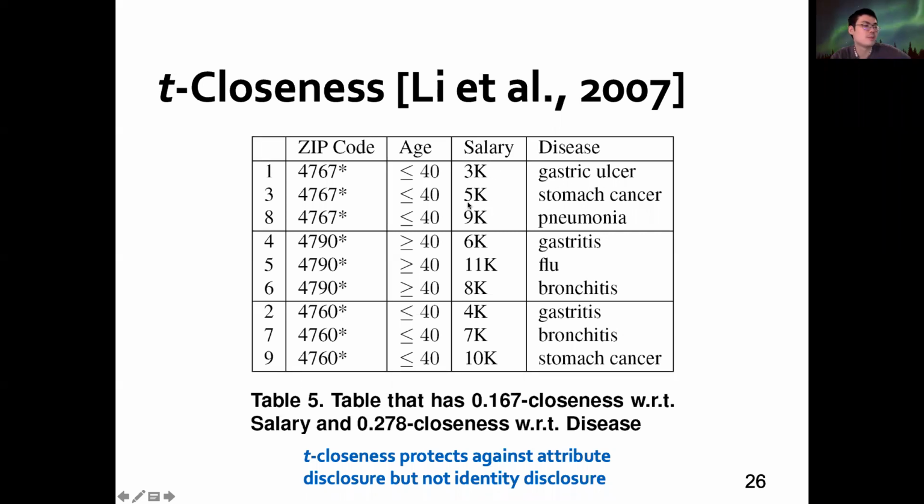For example, in this Q block, ideally we want k-anonymity where k equals 100, but here we actually just have 3. That's not so safe, only a few people you cannot differentiate between. But the salary is already very evenly distributed, very close to the background distribution. It doesn't protect your anonymity.